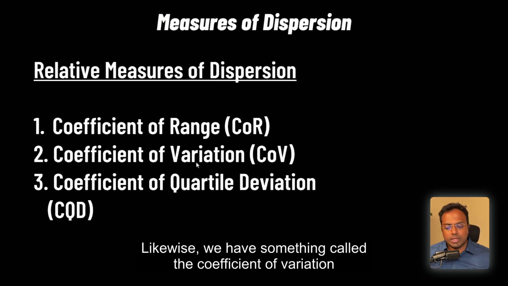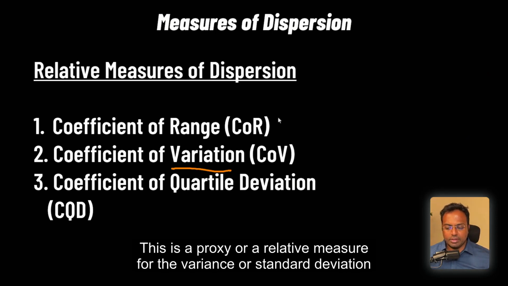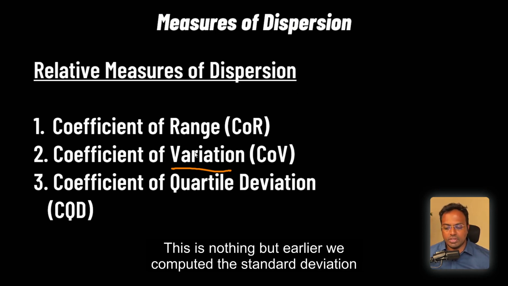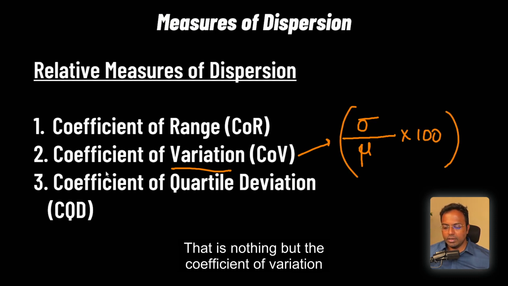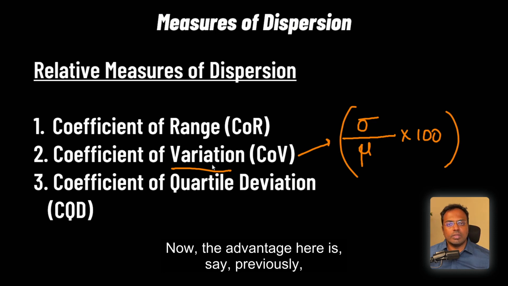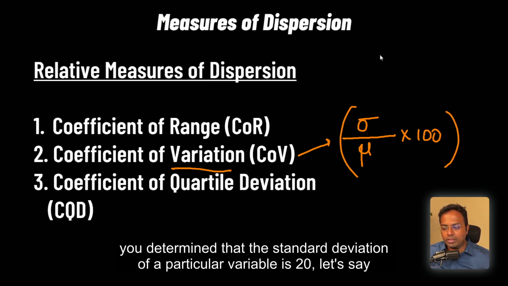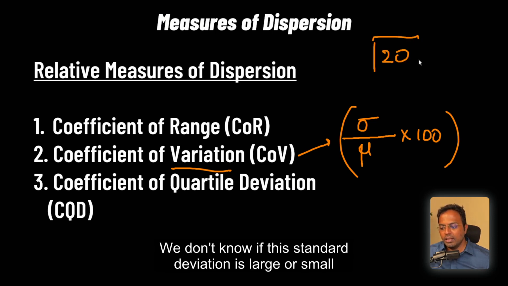Likewise, we have the coefficient of variation. This is a relative measure for the variance or the standard deviation. Earlier we computed the standard deviation. We divide the standard deviation by the mean of the data and multiply it by 100. That is the coefficient of variation. The advantage here is, say you determined that the standard deviation of a particular variable is 20. We don't know if that is large or small.